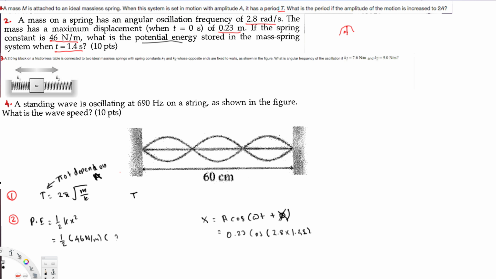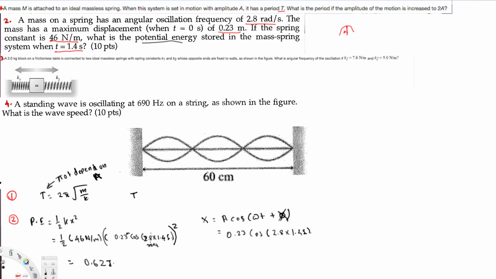So this is going to be 0.23 cos(2.8 times 1.4 seconds). This 2.8 is radians per second, this is seconds, and this is in meters right here. If you square all of this, that's going to be x squared. If you calculate this value, it comes out to be 0.62 joule. So that is the potential energy when this happens.